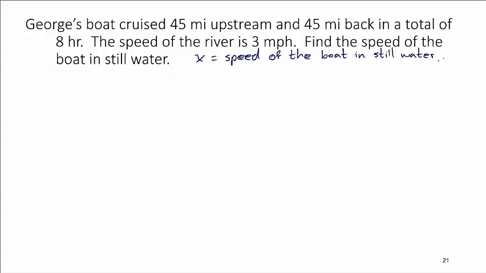So upstream, that 3 miles per hour is going to be working against the rate, and downstream it'll be working with the rate. And we want to find out if there was no current, how fast would the boat move, right? So we've got upstream and downstream.